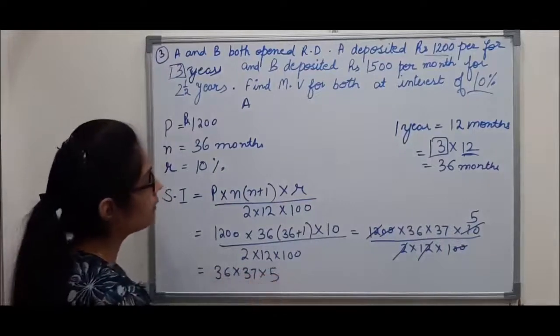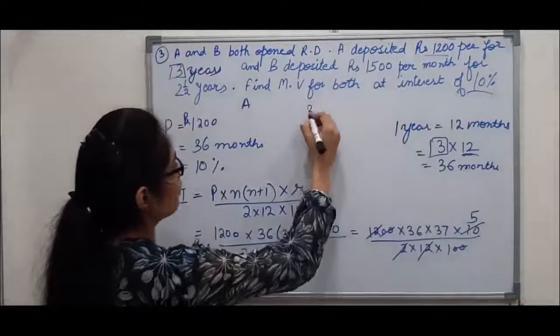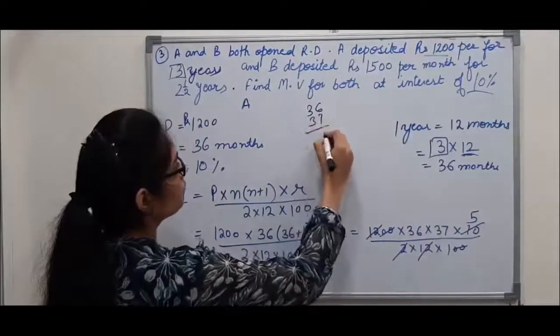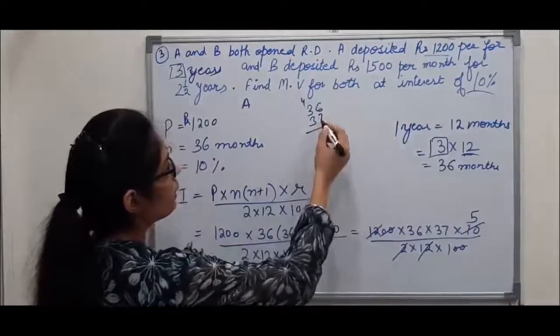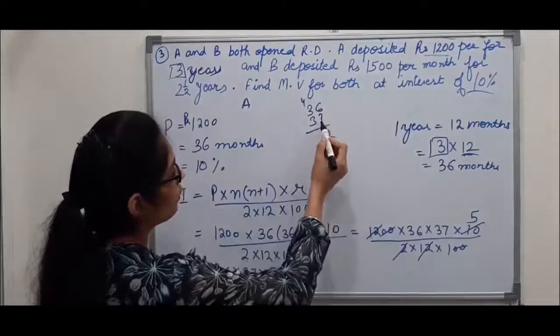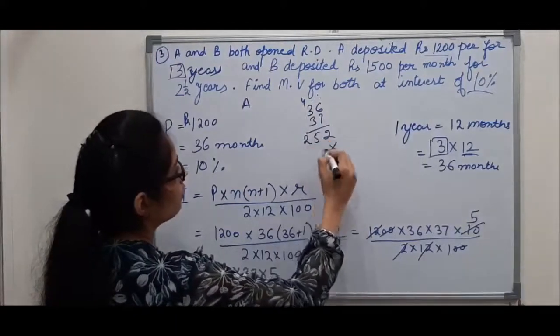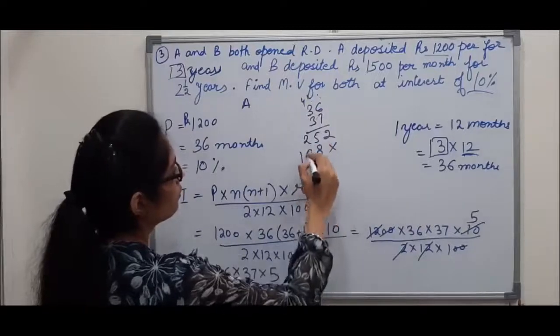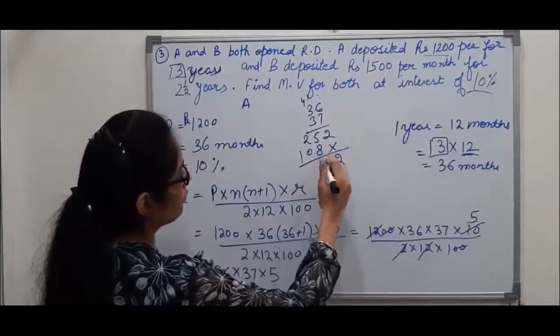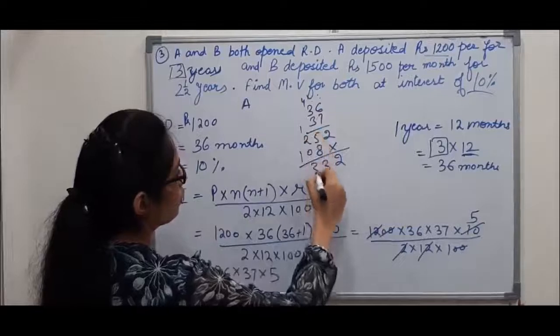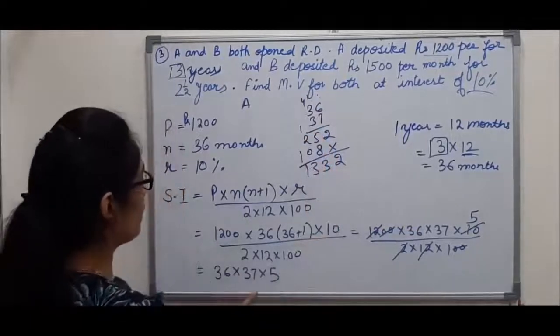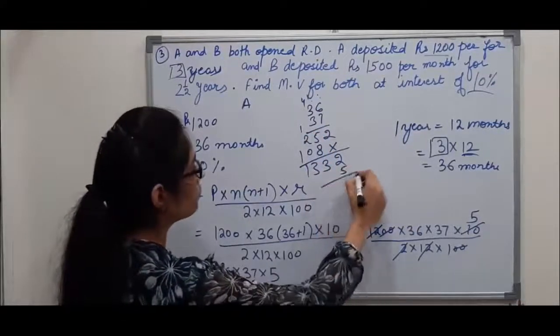Let's multiply these terms. 36 into 37. This is simple multiplication, you guys can also do. So this I have to multiply with 5.